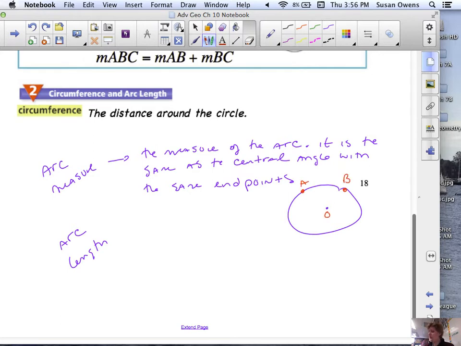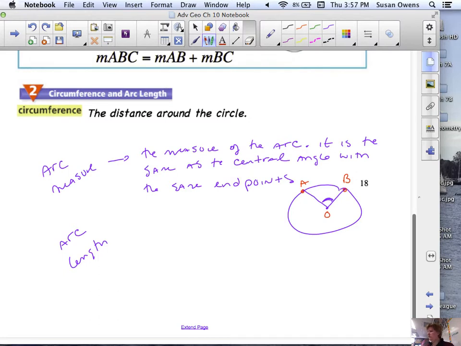The arc measure of this arc is the same as if I drew the central angle and I found the measure of this angle. The measure of that central angle is going to be the same as the measure of the arc. So basically, if the circle's 360 degrees, they're asking how many arc measures are measured in that arc.